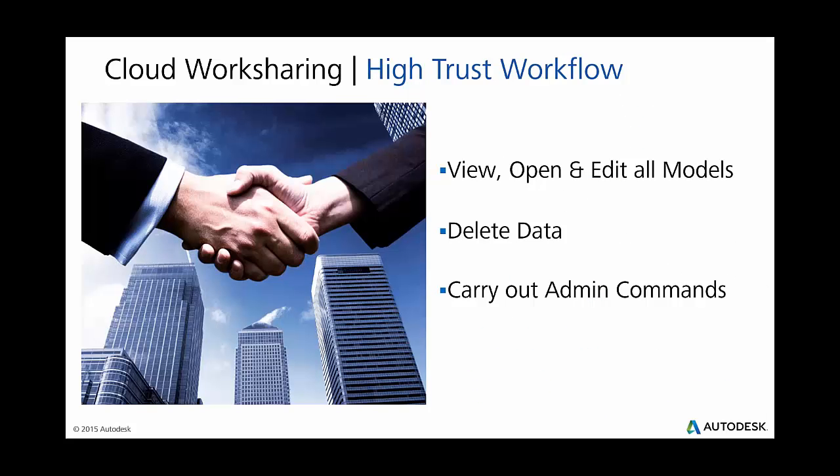The second thing is understanding the dynamics of the project that we support in the service today. So today there's a high trust workflow with cloud work sharing, the way the system is architected today. So if I'm in a project and I trust the other stakeholders in my project not to do dumb things, it's a great service for you guys. If you're not in that situation, and we understand that happens in a lot of cases, this service may not be ready for you guys yet.